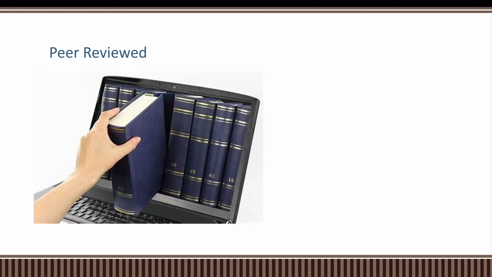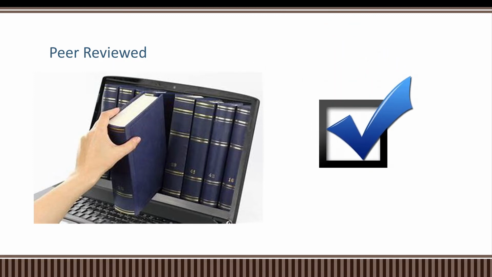So how do you determine if an article that you find is a peer review article, is a best practice article? When you're searching in your online database, there's an option to check mark, look for peer review articles. Now you can also look at an article and decide if it's peer reviewed. Look for certain features.